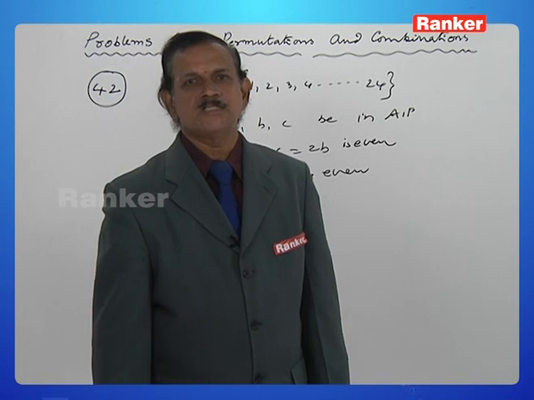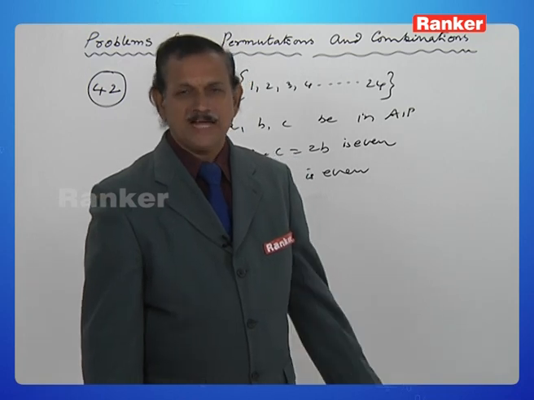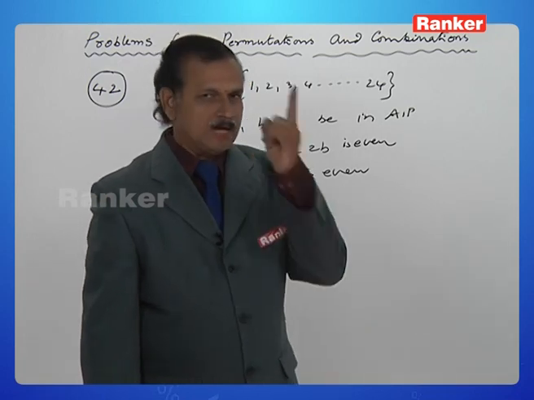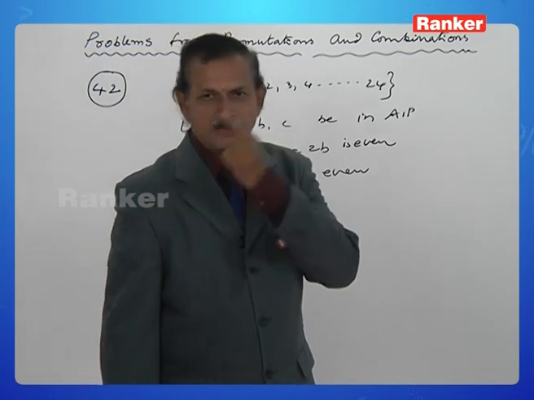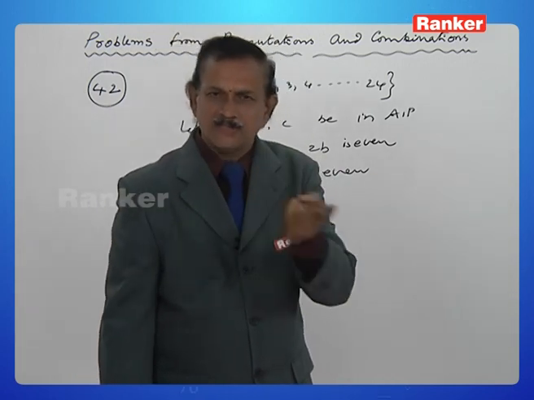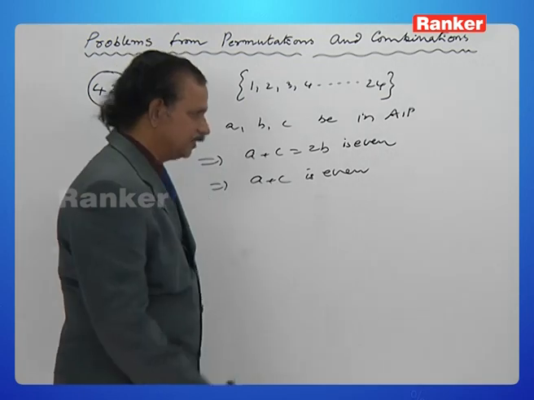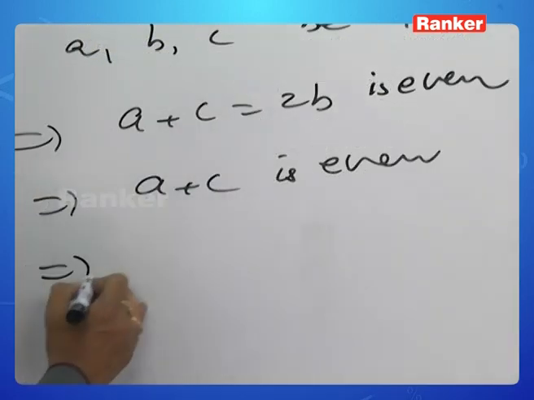How many cases will arise there? Number 1, both A and C might be even. Or both A and C might be odd. Isn't it?